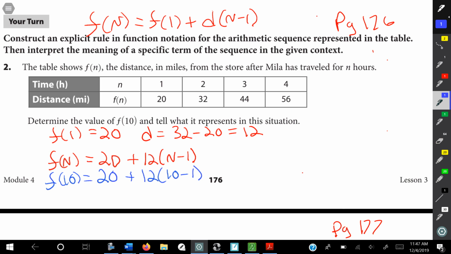Once we plug that in, now we can solve for that. And when we do, we get 128.